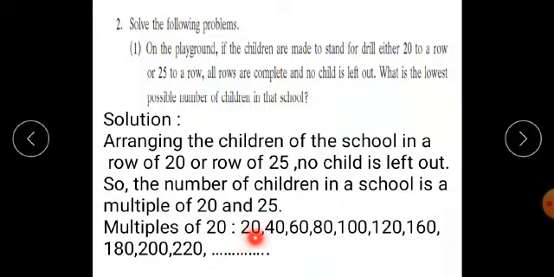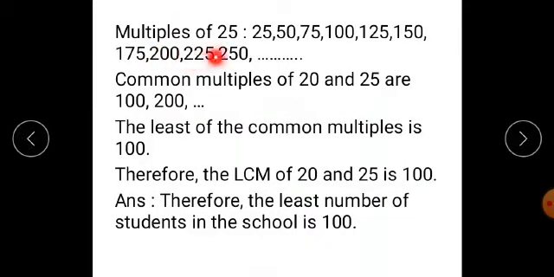Multiples of 20 are 20, 40, 60, 80, 100, 120, 140, 160, 180, 200, 220, and so on. Multiples of 25 are 25, 50, 75, 100, 125, 150, 175, 200, 225, 250, and so on.